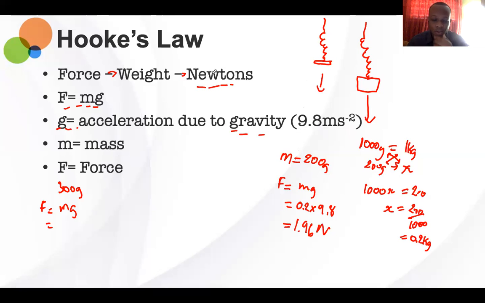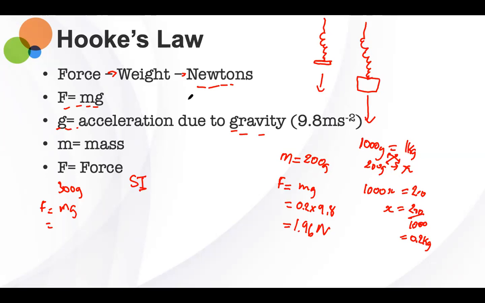Why do we change it? Do you remember why we change it? We change it because it's the SI unit. We do all calculations in physics in SI units. I will try as best I can to do most of our calculations in SI units. We can make some exceptions, but for this particular question, we want to keep this.